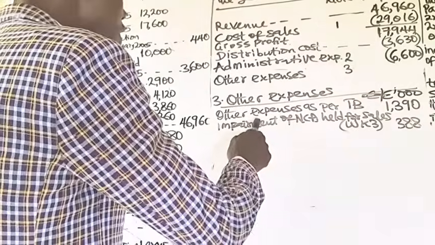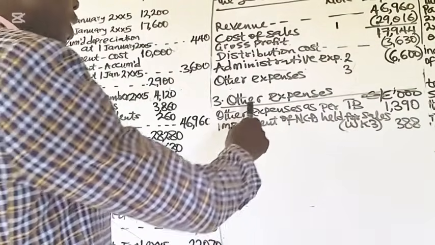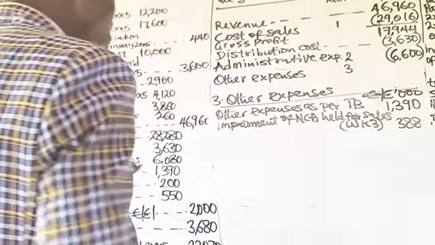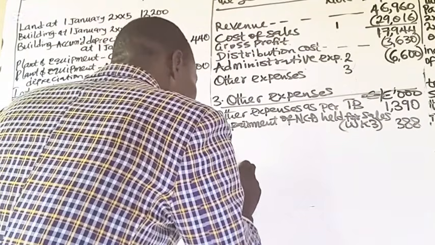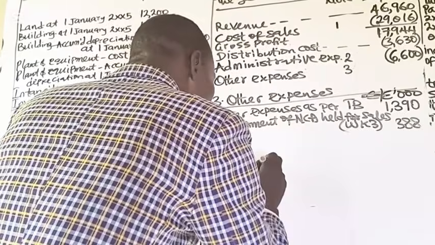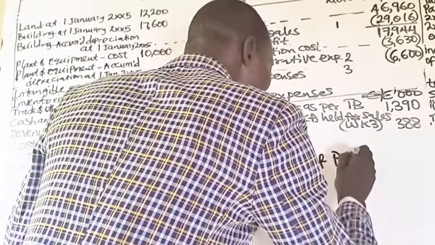We have depreciation on land and building, which is to be charged to other expenses. Let's have that as working number 4. Working number 4. So we have the schedule of property, plant, and equipment.